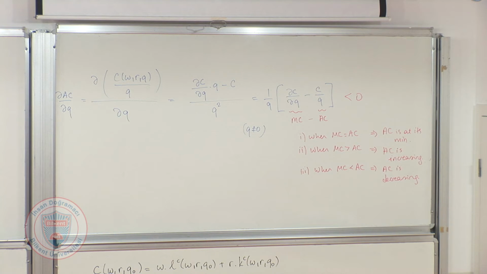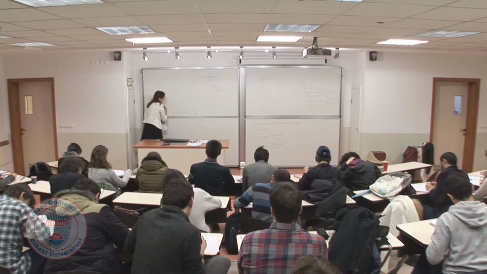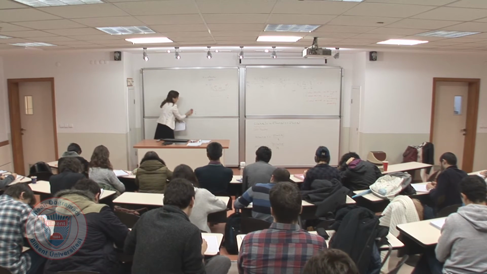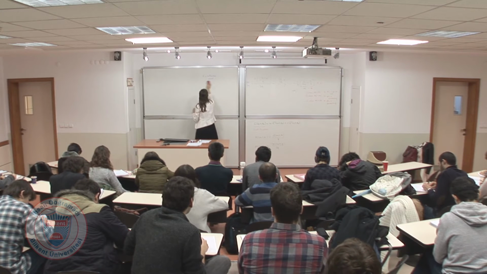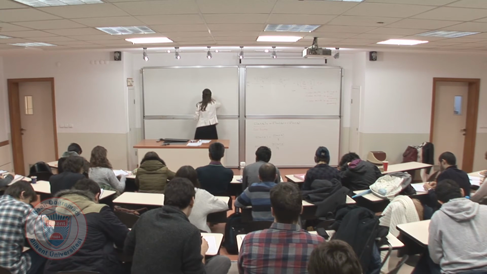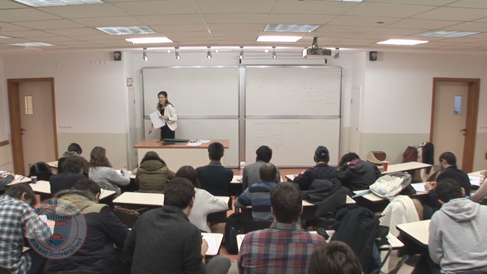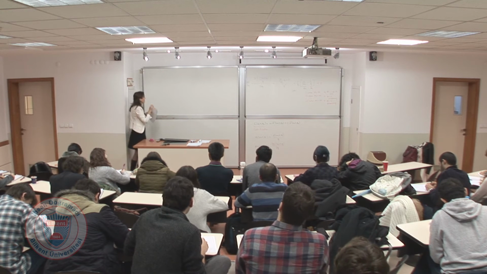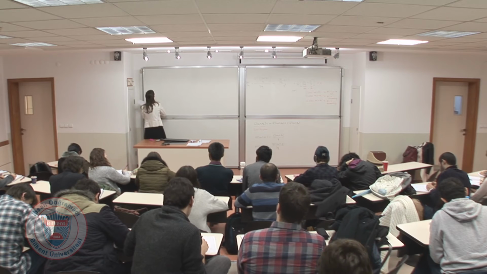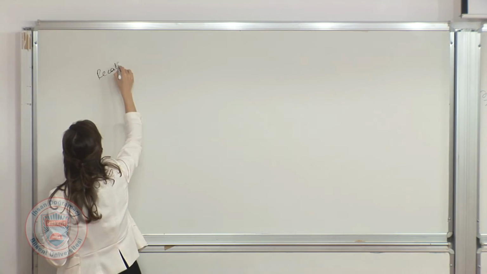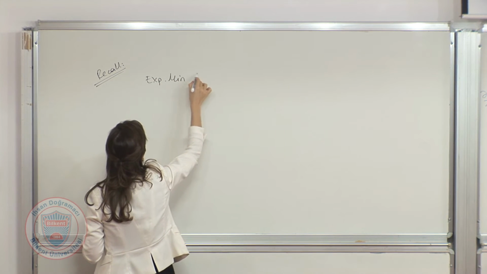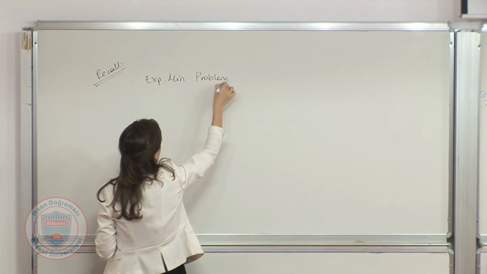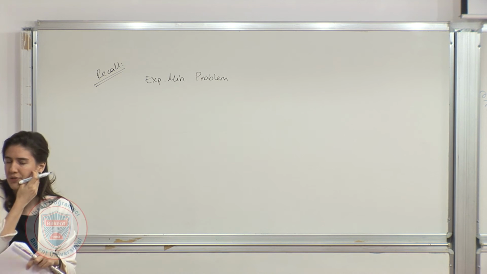There was actually a nice property in the expenditure function when you have the expenditure minimization problem. Remember, in the expenditure minimization problem, the value function was the expenditure function.